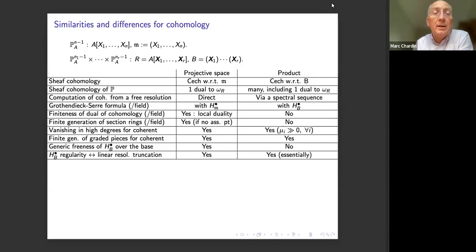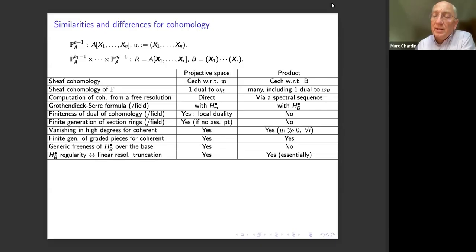This is linked, in the classical case, to the regularity, and to the fact that when you truncate the module in degrees inside the regularity region, you have a linear resolution. This is one equivalent definition of regularity in the case of projective space over a field.